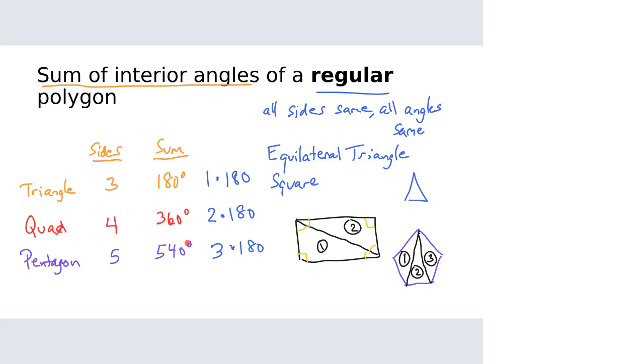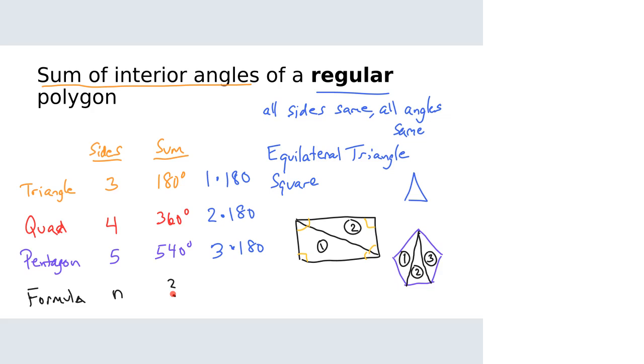This is great, but if we had like a 12-sided figure, I don't want to try to draw that. I don't want to try to cut it into triangles. Instead, what I want is a formula here. I want to come up with a formula for if I have n sides of my polygon, what is the sum of the angles going to be?